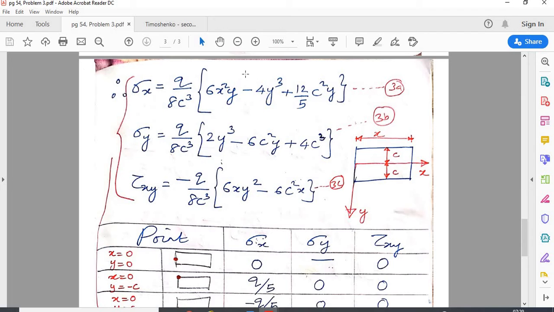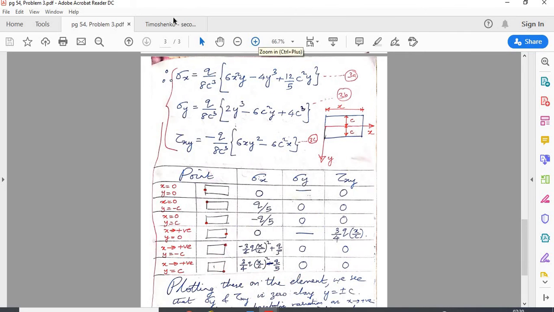So we have never seen it as a cubic function of depth. Even if the loading is triangular, parabolic, or whatever complicated loading, sigma x may be a cubic function along the x direction, because the bending moment may be a quadratic or cubic function. That is possible. But sigma x being a cubic function with respect to depth is something strange which we have not seen till now. So coming to the question of what type of problem this will solve.